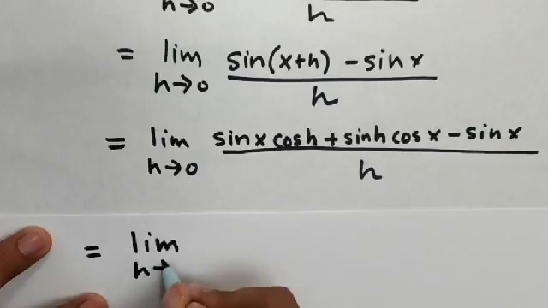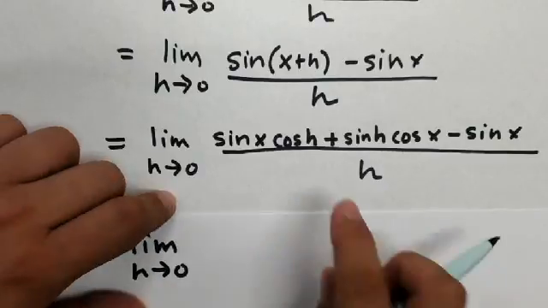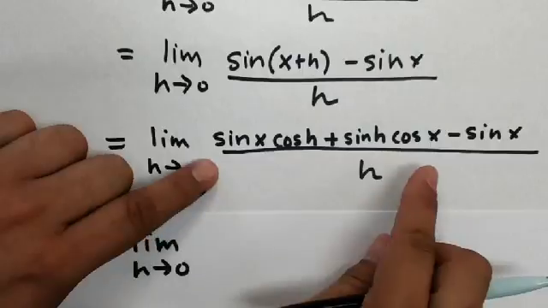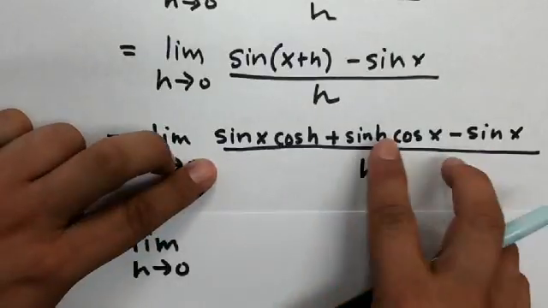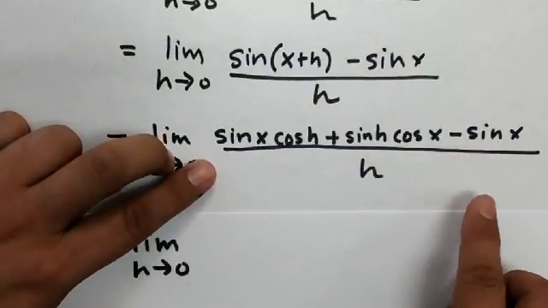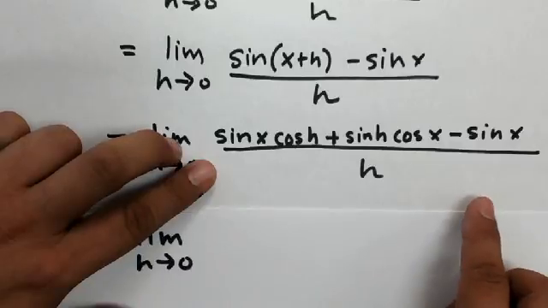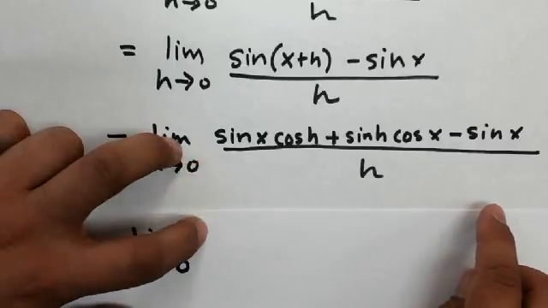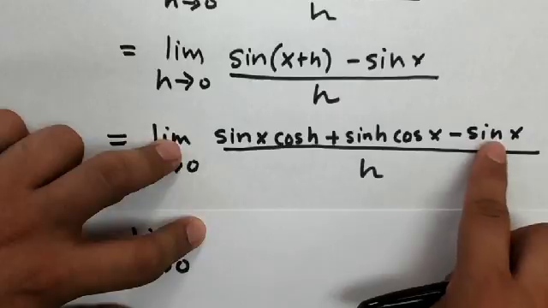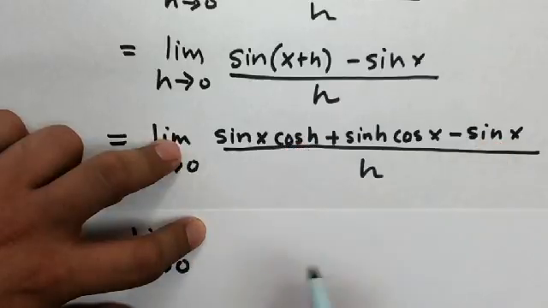Okay, Stella's fan club's in here. Okay, now, what we're going to have to do is arrange this in such a way, and that's all this is, arrangement of proper terms. I'm going to put the sine x term on this side.